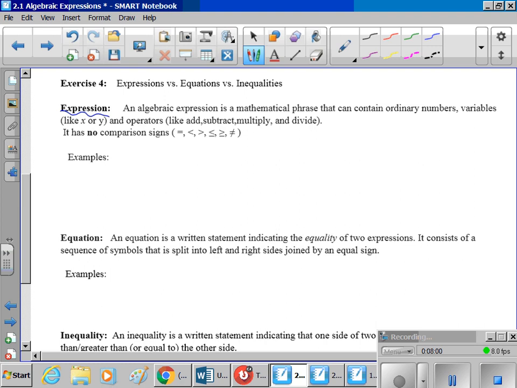So some examples might be 2a, 3x over 2, 4x squared plus x over 2, 3x squared plus 2x minus 4, and simply just an x. Notice how there's nothing here comparing it to anything else. These are expressions.